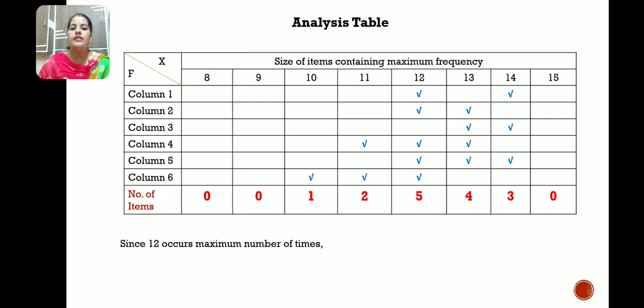Since 12 occurs the maximum number of times, hence the mode is 12, Z is 12, not 14, okay, because at a glance, if you look at the question, you find 12 and 14, because they had the highest frequency which was 9.